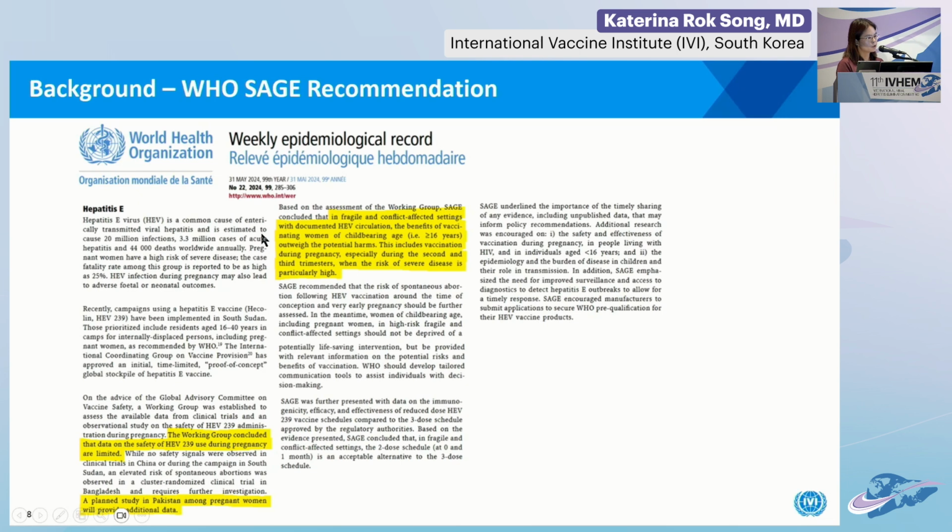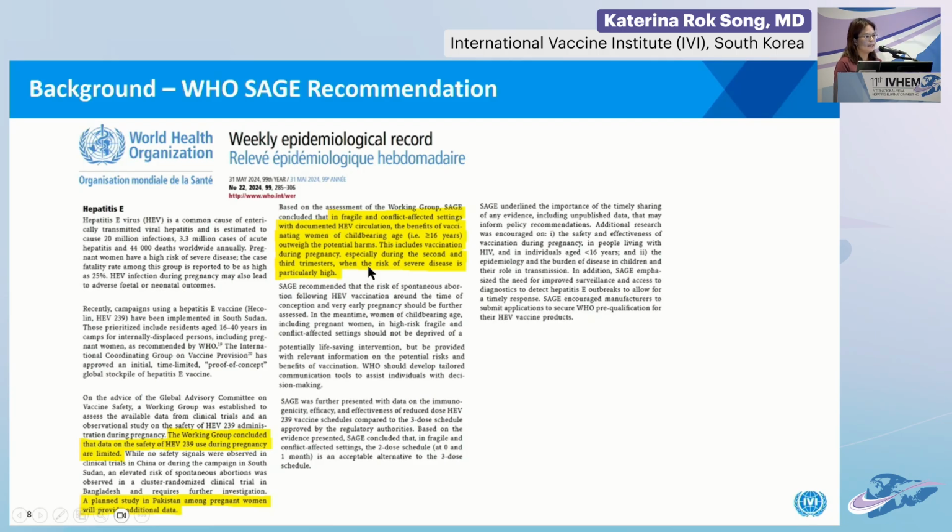And the working group concluded that there is not enough data among the pregnant for Hep E use, Hep B vaccine use, and a planned study in Pakistan, which is our study among pregnant women, will provide additional data.